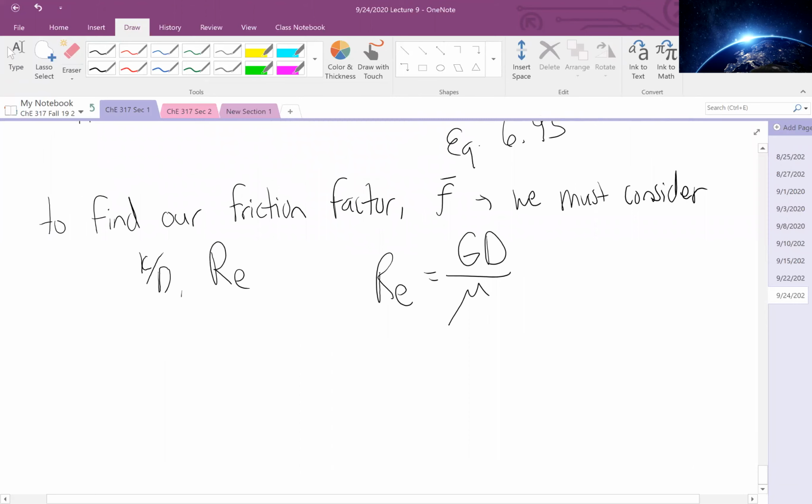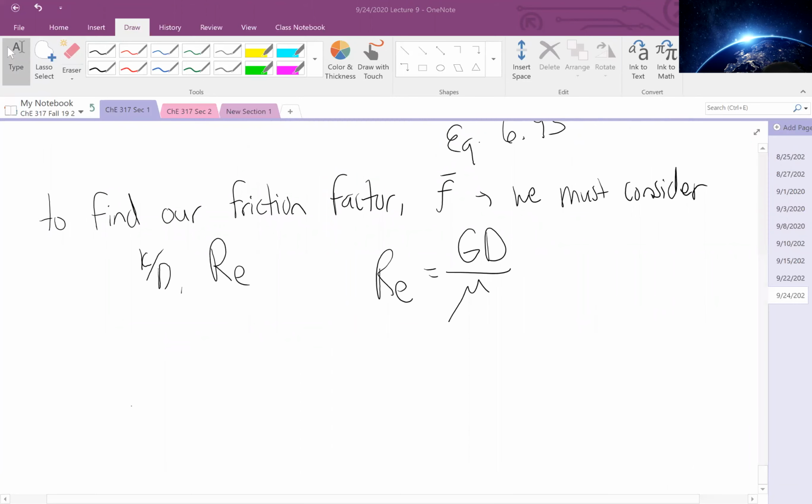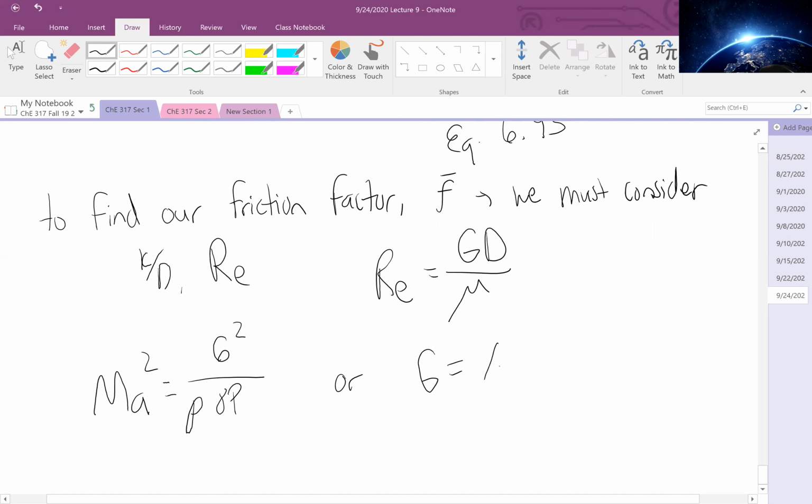And so for a given Mach number, we can say that Mach number squared is equal to G squared over rho gamma times pressure. Or if we want to solve for our mass velocity, it's equal to the Mach number times the square root of density times gamma times pressure.